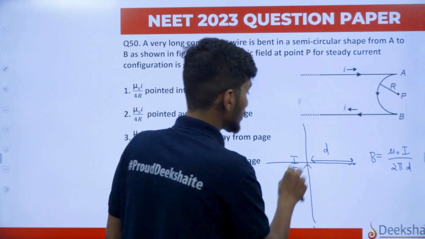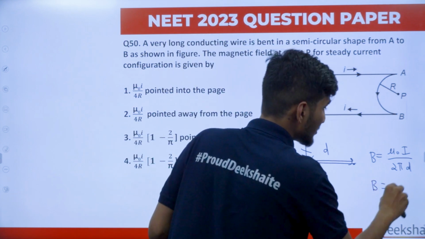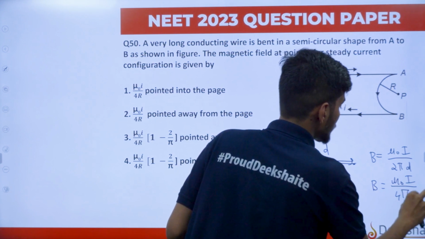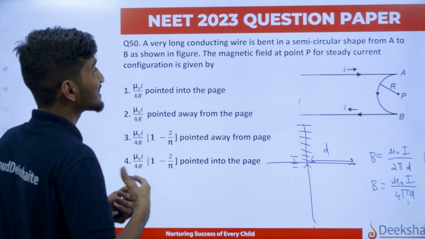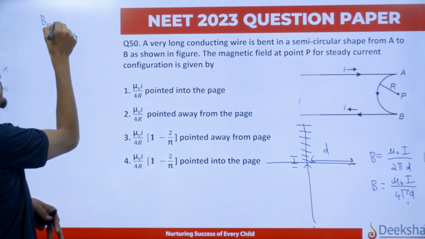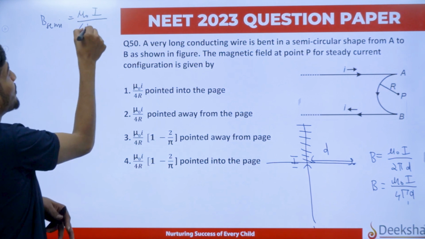If only one portion of it is there and the other portion is not there, then half of that, right? Mu naught I by 4 pi d. You remember this formula? Let's write it in the corner somewhere. For semi-infinite wire, B is mu naught I by 4 pi d.